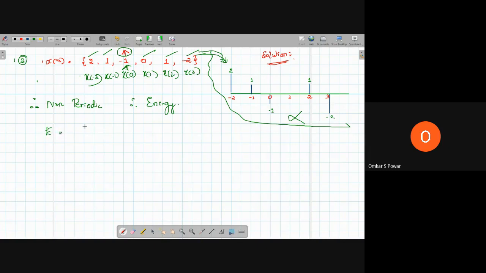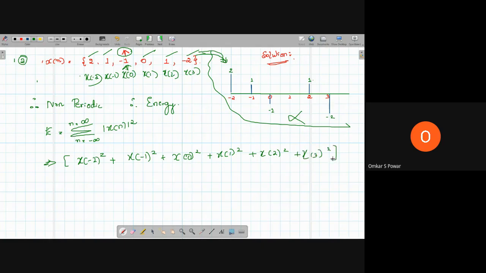Energy is equal to summation n varies from minus infinity to infinity mod x of n the whole square. So this will be equal to x at -2 the whole square plus x at -1 the whole square plus x at 0 the whole square plus x at 1 the whole square plus x of 2 the whole square plus x of 3 the whole square.